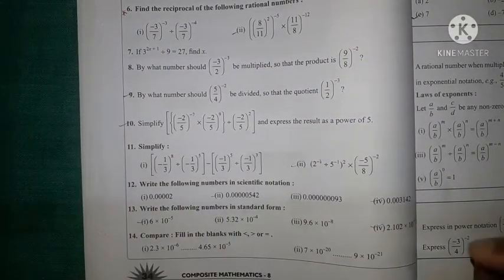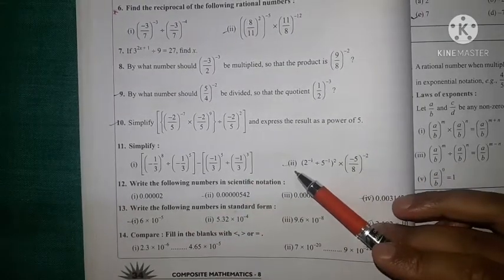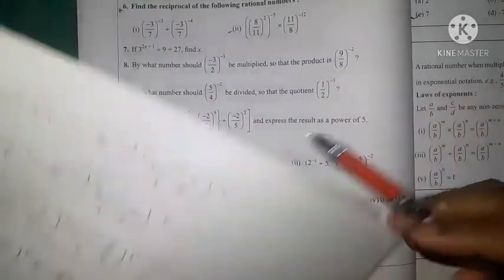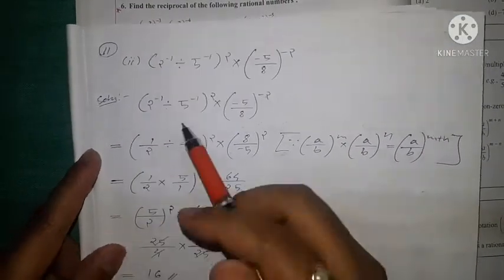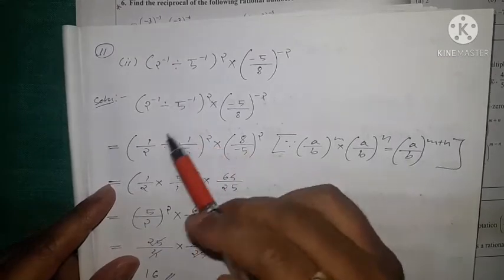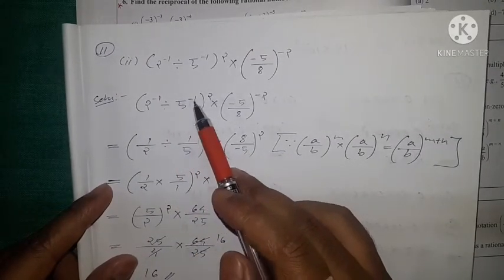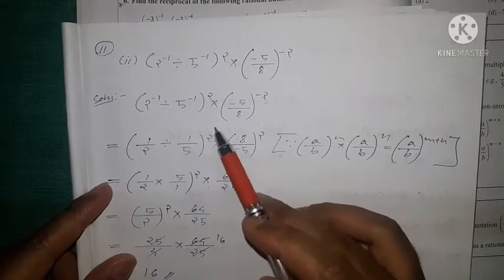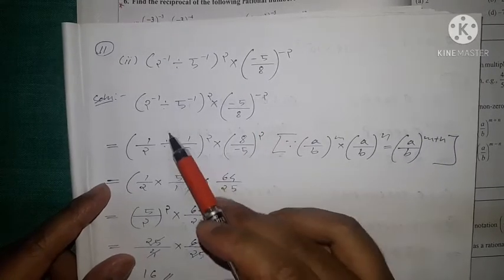Now let's move to question number 11, Roman number 2. We will be solving question number 11, part 2. We need to simplify. It is given that 2 to the power -1 divided by (5 to the power -1) whole square into (-5/8)^-2.